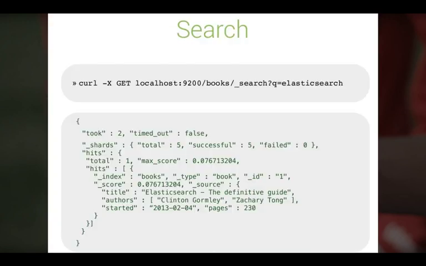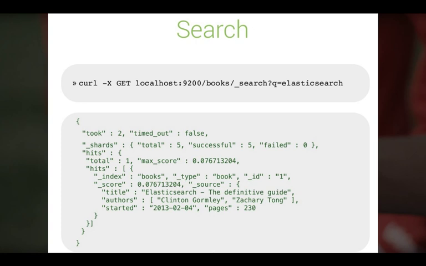Let's move forward and see how we can do different kinds of searches on Elasticsearch. For doing a search operation on Elasticsearch, we have to call the HTTP get method. We are doing a search on our books index and we are searching for the query Elasticsearch.